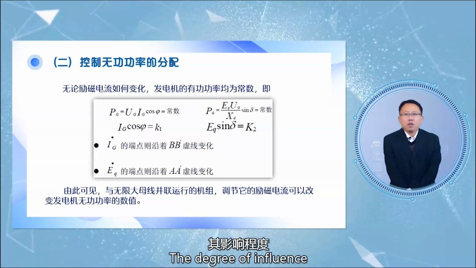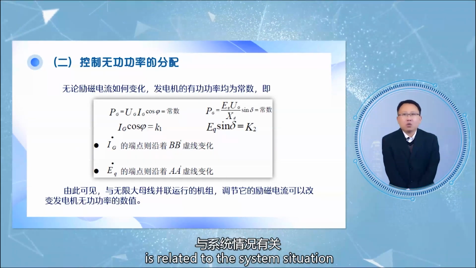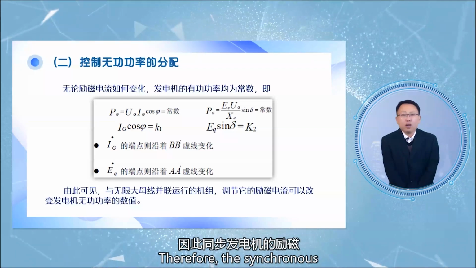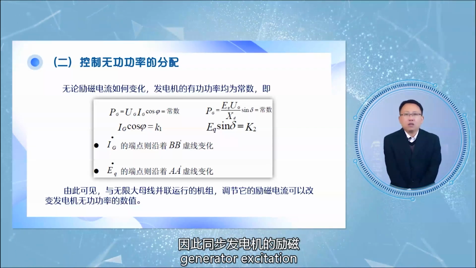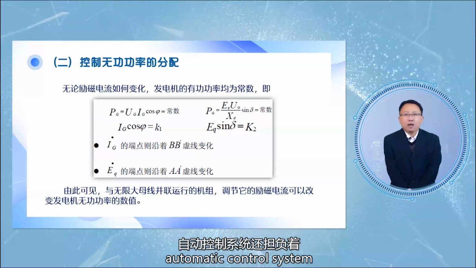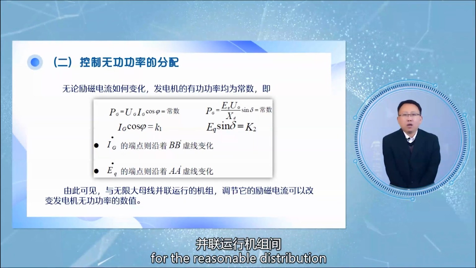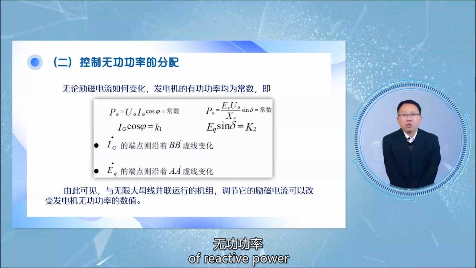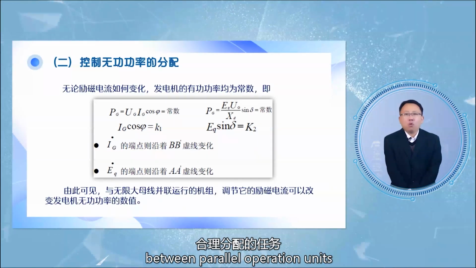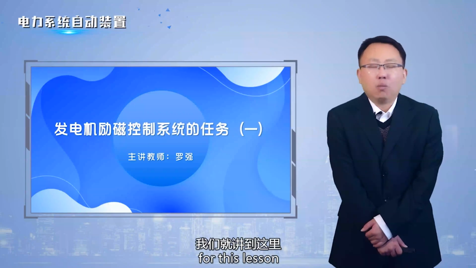The degree of influence is related to the system situation. Therefore, the synchronous generator excitation automatic control system is also responsible for the reasonable distribution of reactive power between parallel operation units. That's all for this lesson.